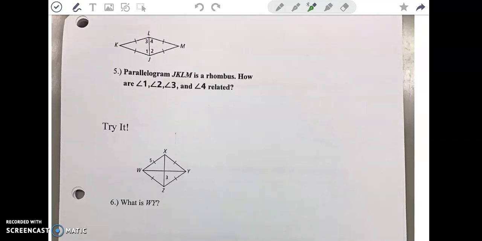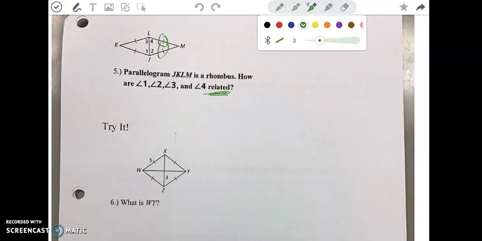So the next one says parallelogram is a rhombus. How do 1, 2, 3, and 4 relate? Okay, well, if you notice this, those are telling us that those are equal, which basically now we create an isosceles triangle. Because we have an isosceles triangle and these two sides are equal, that means their base angles are going to be equal.